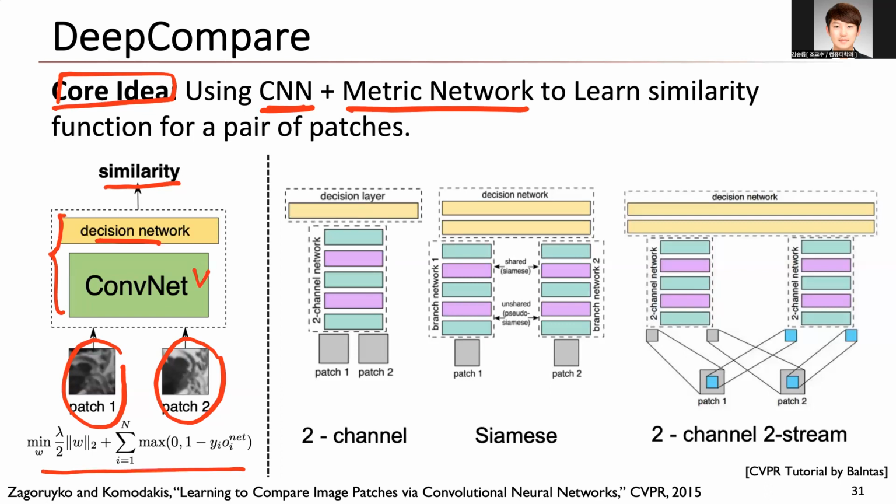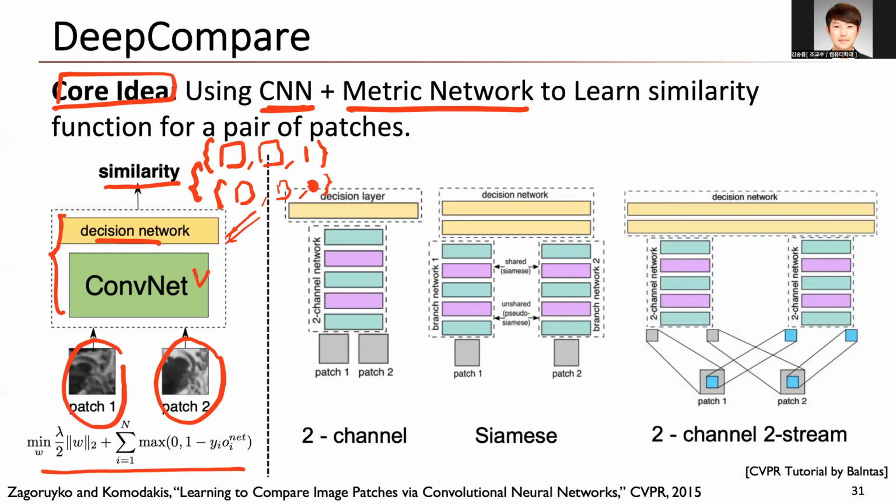How? We just make positive patches with labels and negative patches with the zero label, and by using this kind of training data, we can train this network, right? So this is the first idea.